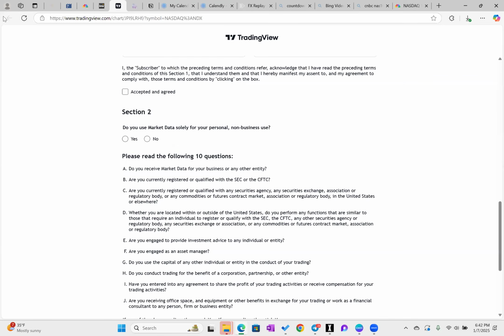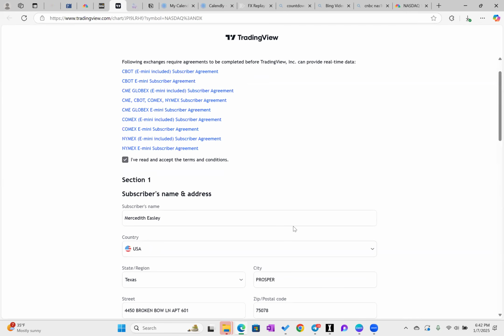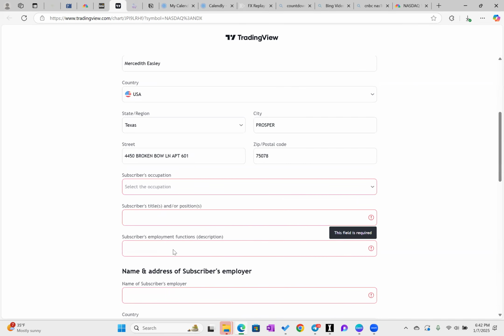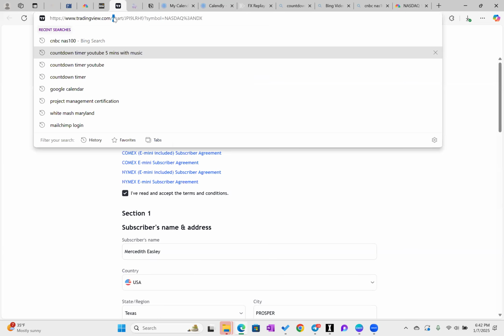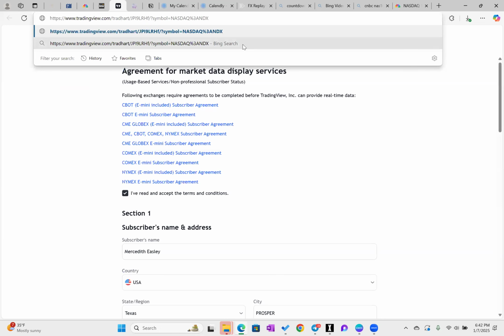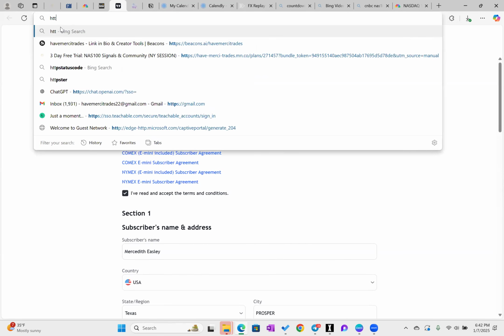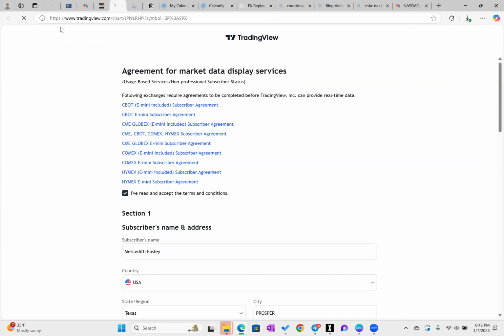Why does it want me to fill out an agreement? Sorry, guys, give me a moment. Okay, hold on. TradingView wants me to do something that I didn't realize. Let me just try to type it in again.